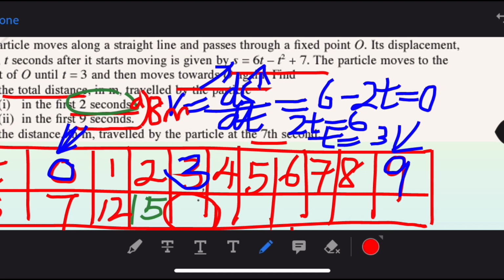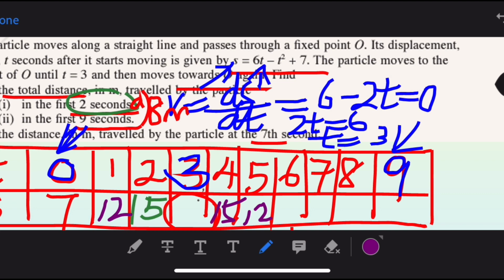Then if I want to find out t equals 4, it will be 6 times 4 minus 4 squared plus 7, so I got 15, right? For t equals 5, it's 6 times 5 minus 25 plus 7, I will get 12, right?